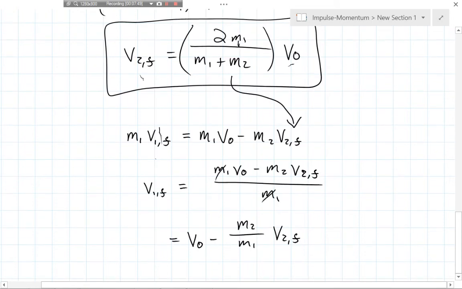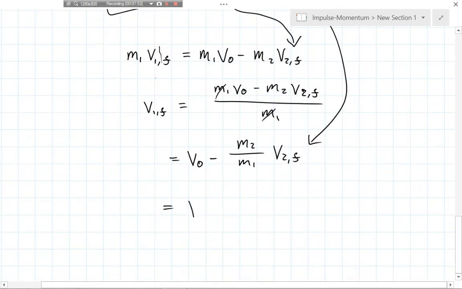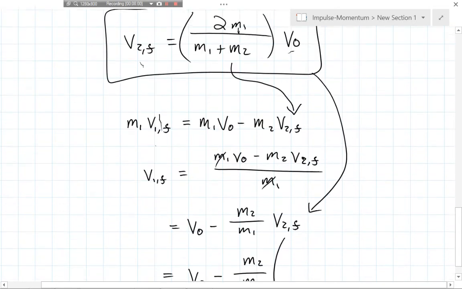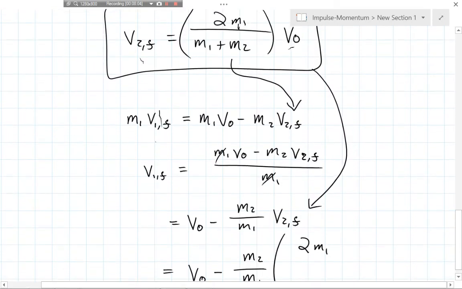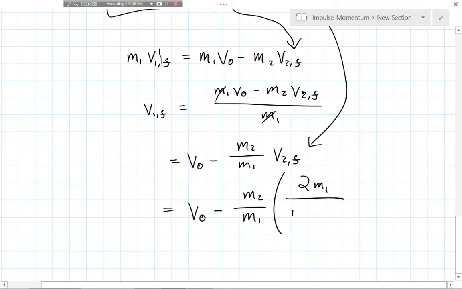So if I plug this expression for v2 final into here, I'll see that this is going to be equal to v initial minus m2 over m1 times, so let's see, we have 2 m1 divided by the sum of them, so m1 plus m2 times v initial.